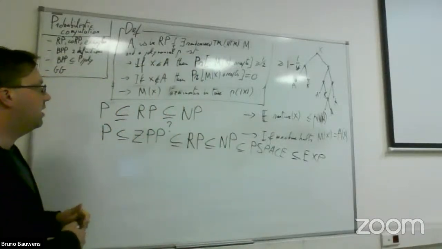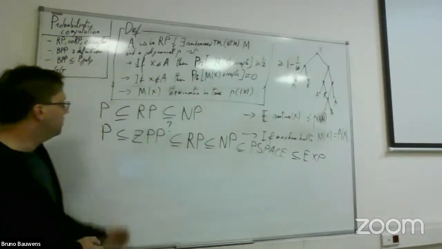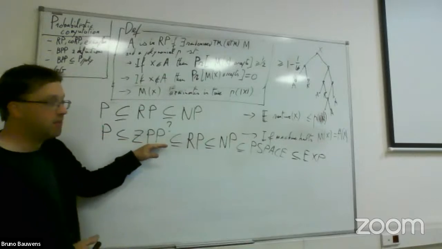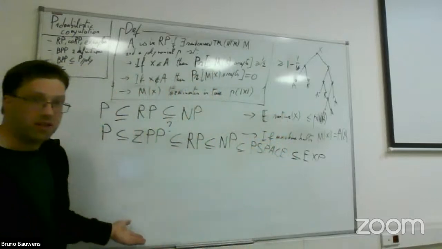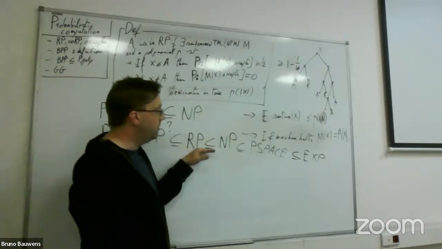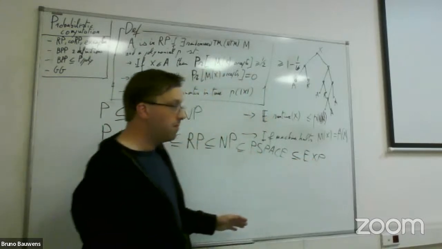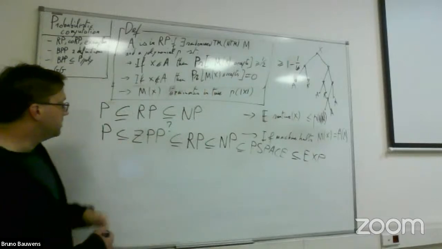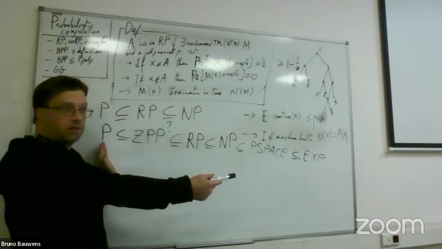So now we have a chain of inclusions of classes. P is a subset of ZPP, since if you can compute the answer in polynomial time, a probabilistic machine can do it. ZPP is in RP, RP is in NP, NP is in PSPACE, which is in EXP. It is not possible that P equals EXP, we already know this from diagonalization.